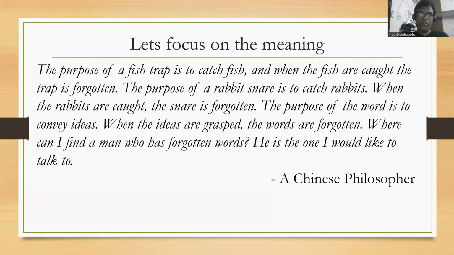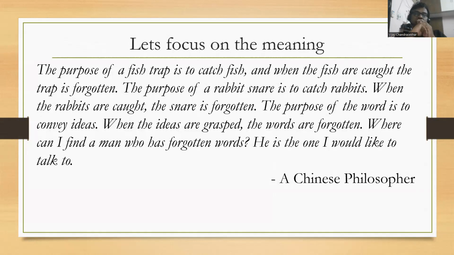When the rabbits are caught, the snare is forgotten. The purpose of the word is to convey ideas. When the ideas are grasped, the words are forgotten. The last line was the philosophical one. Where can I find a man who has forgotten words? He is the one I would like to talk to.